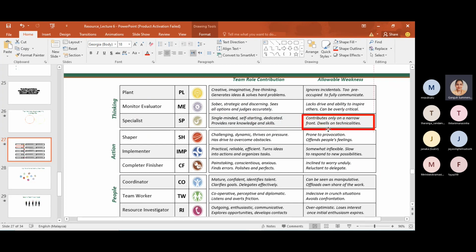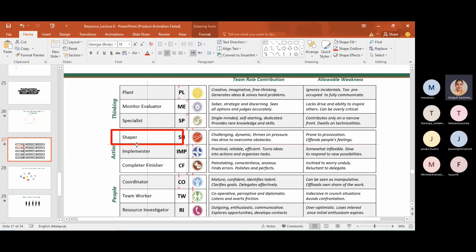And the allowable weakness: dwells on technicalities. A specialist can be a person who thinks a lot about the technical stuff, who worries a lot about the technicalities. That can be a weakness that they have.